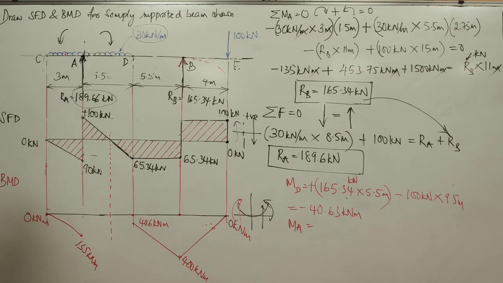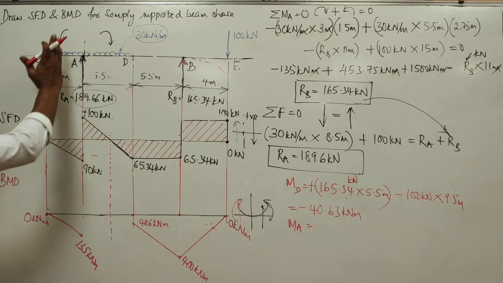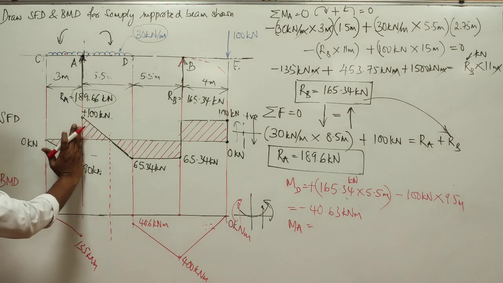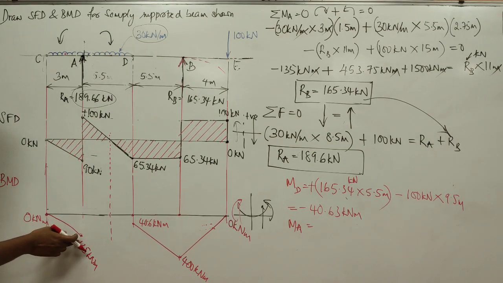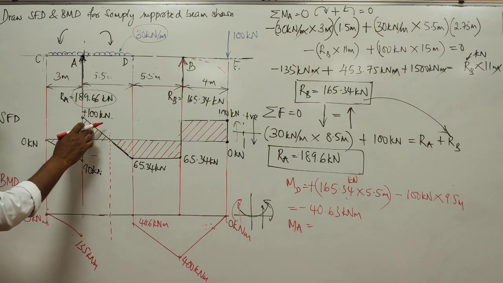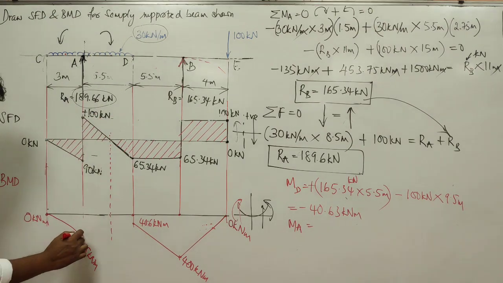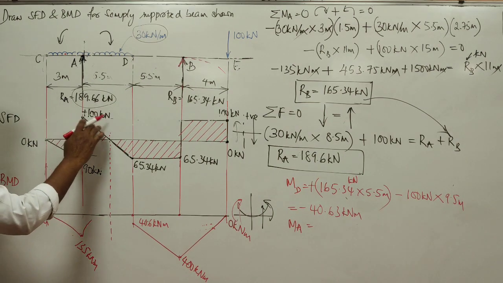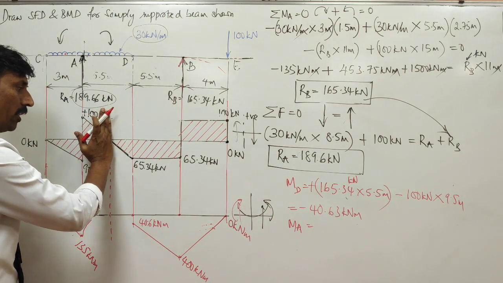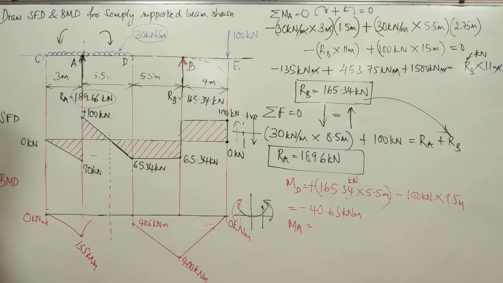Once you have done that, up to here the shear force was below and the bending moment was below. Now, since we are having an area above, definitely it starts going to rise like this. And it will start going to rise up to this point, then again it starts getting deducted.